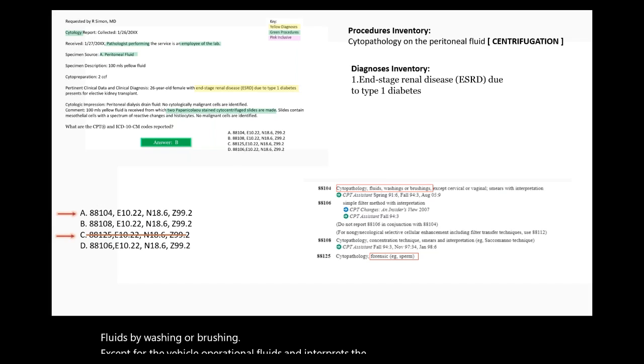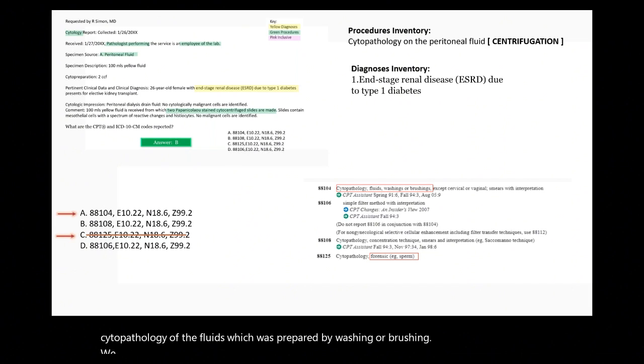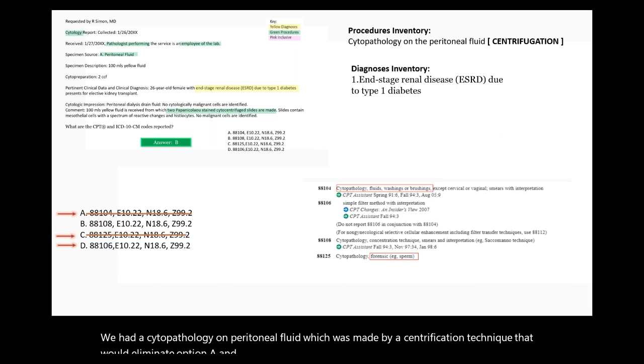So again, we didn't have cytopathology of fluids prepared by washing or brushing. We had a cytopathology on peritoneal fluid, which was made by a centrifugation technique. That would eliminate option A and option D as well, because that is also for cytopathology fluids by washing or brushing by simple filter method.